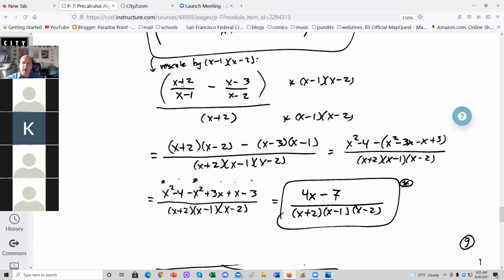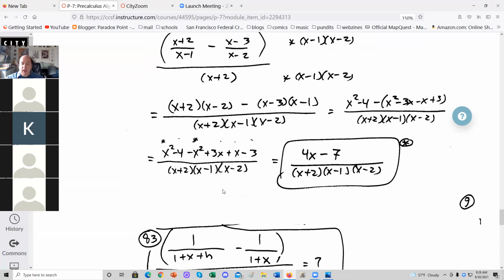In the numerator, x plus 2 over x minus 1 times this product, the x minus 1 cancels, and we're left with x plus 2, x minus 2. Here, the x minus 2 cancels, and we're left with x minus 3 times x minus 1. And okay, we expand each of these products. We combine them by terms. End result, 4x minus 7 over x plus 2, x minus 1, x minus 2.